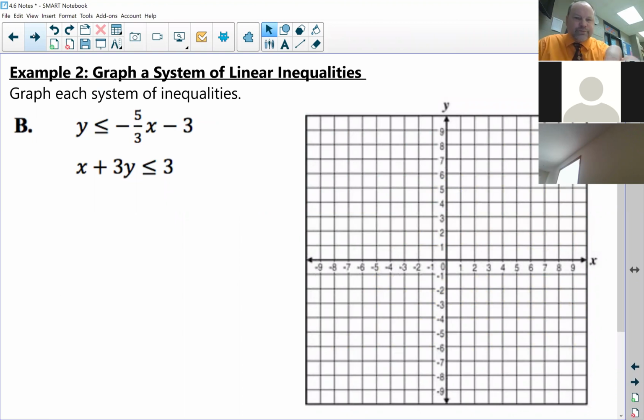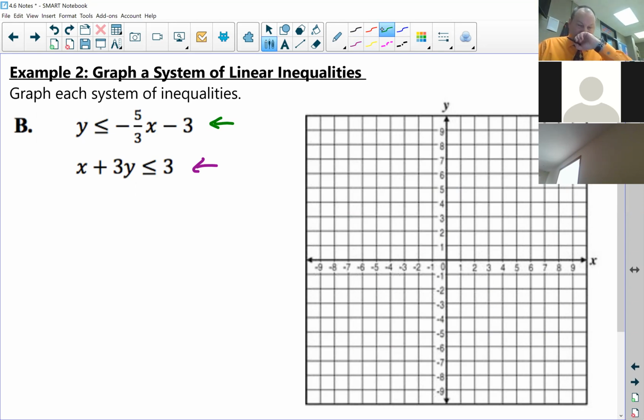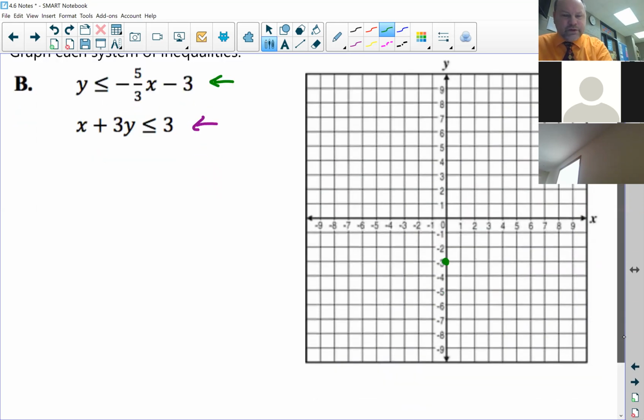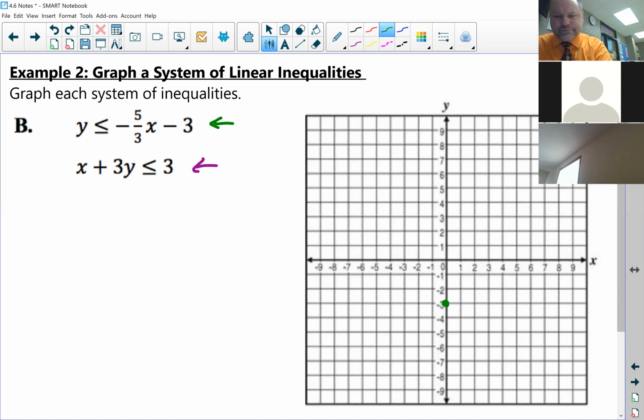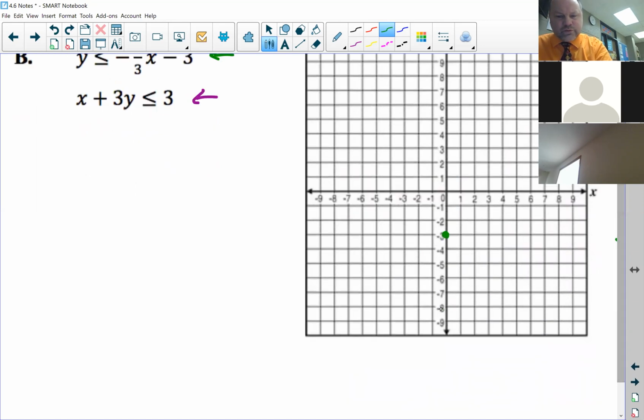This one I will solve the other way. I will solve that second inequality for y and then graph it in the slope-intercept form. So the first one already in slope-intercept form, y-intercept of -3, go down 5, right 3.